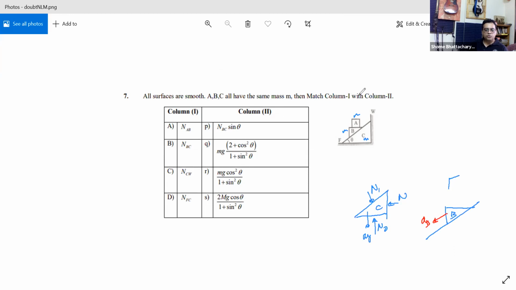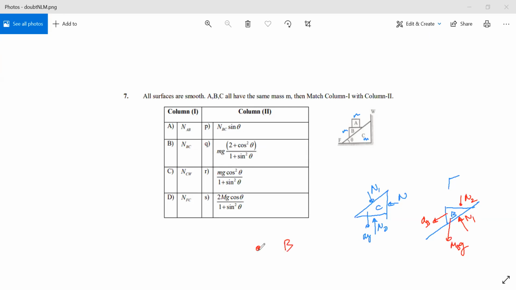On block B, there will be a normal reaction acting from here, which A is applying, let's say that is N2. There will be a normal reaction that this is applying, let's say N1, and there will be its own weight like this. So we can make an FBD and solve for B. Understood now? Yes, sir.